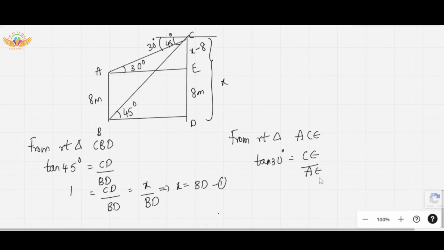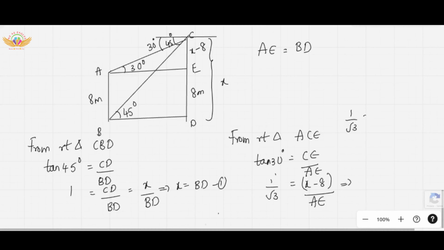And from the second solution, tan 30 degrees is what? 1 by root 3. 1 by root 3 is equal to CE, which is X minus 8, divided by AE. AE we don't know. AE and CD are equal. Here I am writing AE is equal to BD, so I can write AE as BD also.